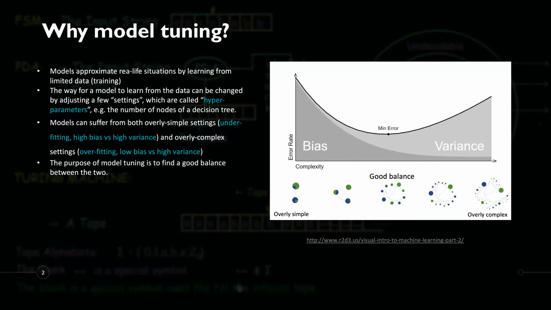As we can see, if we train several models from simple to complex, the bias will always drop. The variance will drop as well, but at one point, the variance will increase.